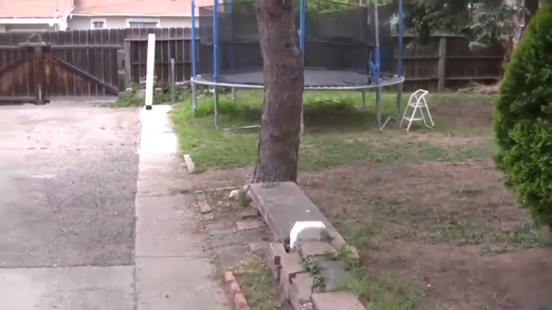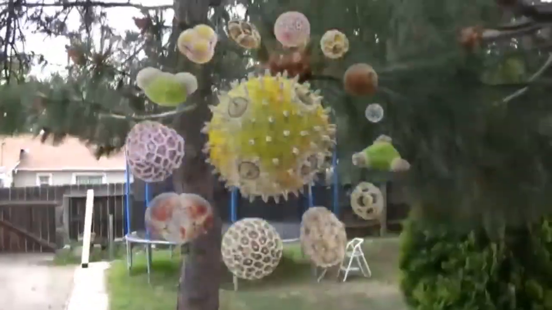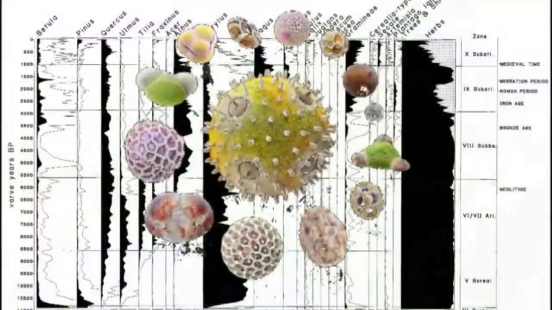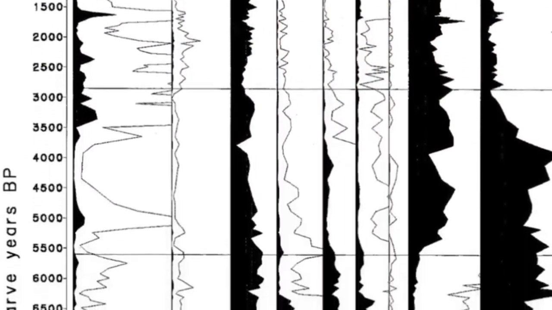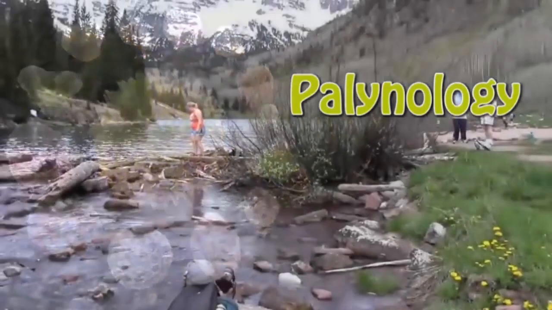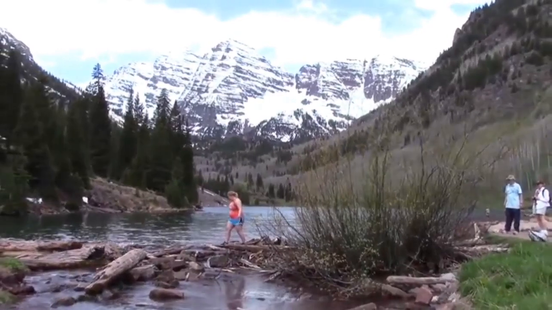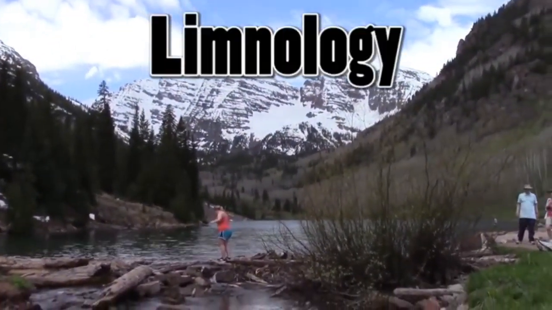Pollen can be thought of as a clastic particle which gets incorporated into sediments and lakes, and looking at pollen, which can often be identified to the species level within these annual varves in lakes, gives us wonderfully detailed information about the changing ecosystems surrounding such lakes through time. The study of pollen in such sedimentary deposits is called palynology, and the study of inland waters in general and their interactions with the rest of the environment is called limnology.